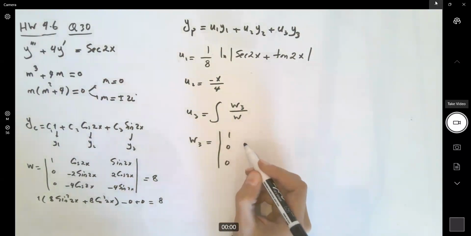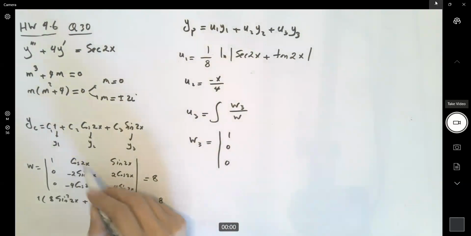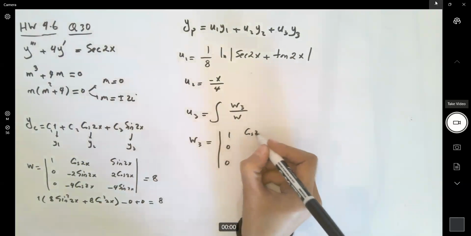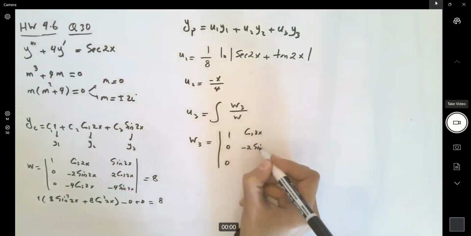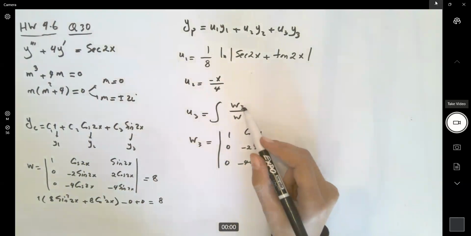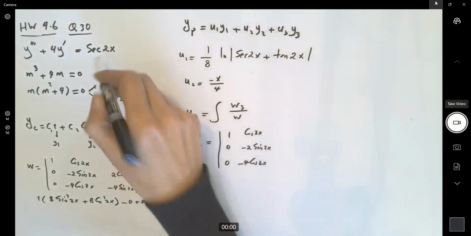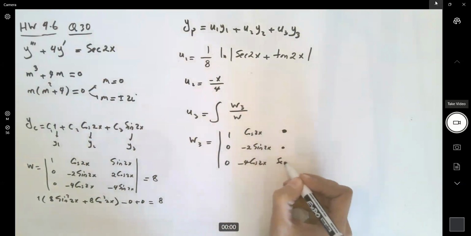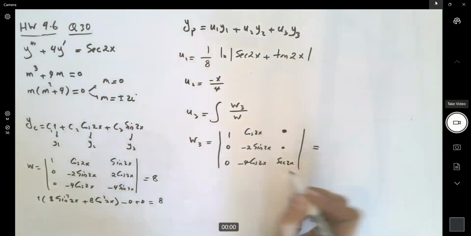The second column is related to y2: cosine 2x, negative 2 sine 2x, and negative 4 cosine 2x. And the last column, instead of y3, we use 0, 0, secant 2x. Now we need to find this determinant.